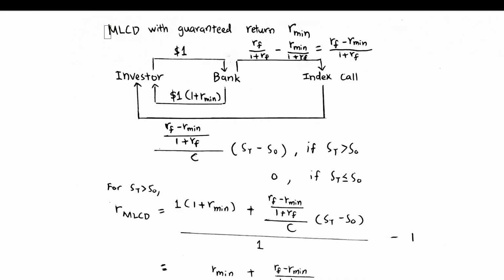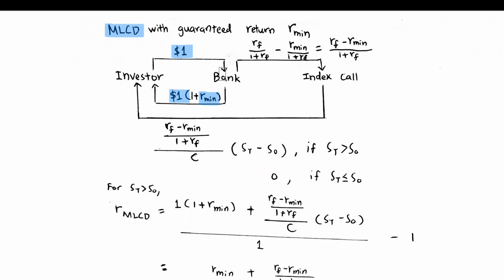Next, let's look at the case where we have MLCD with guaranteed return of R min. In this case, the investor will give the bank $1 as before, but then later on, the bank has to give back the investor the $1 and the guarantee return of R min.